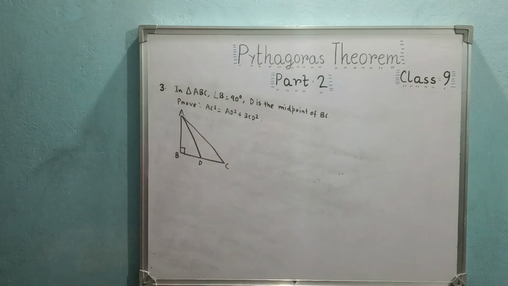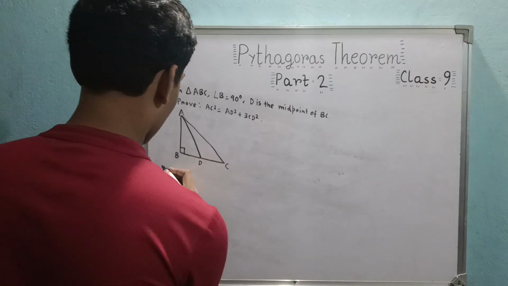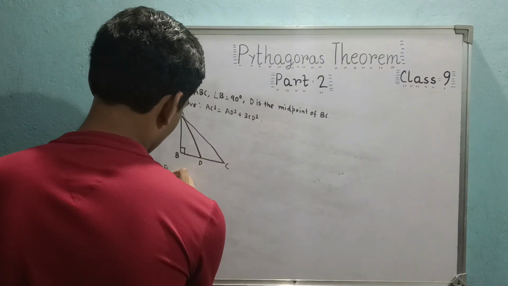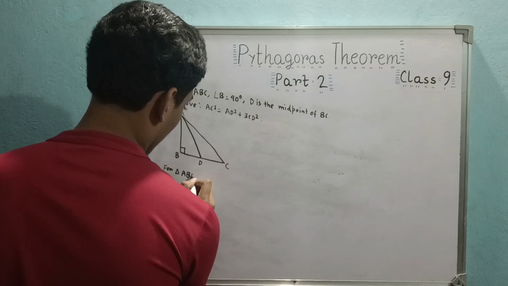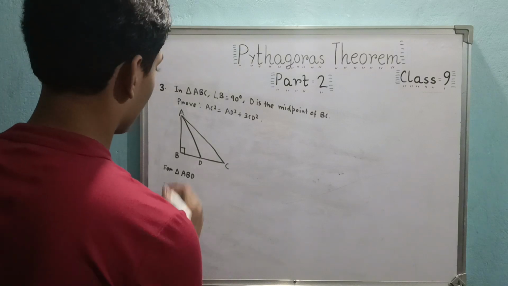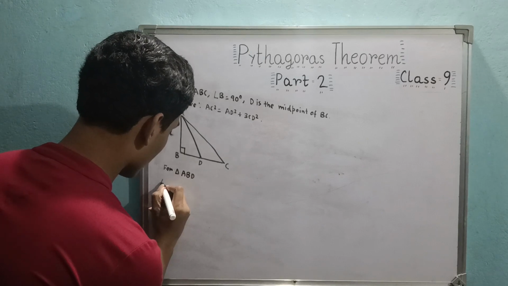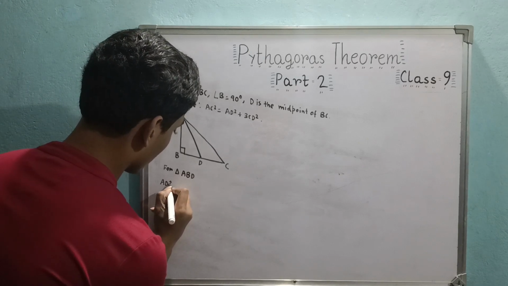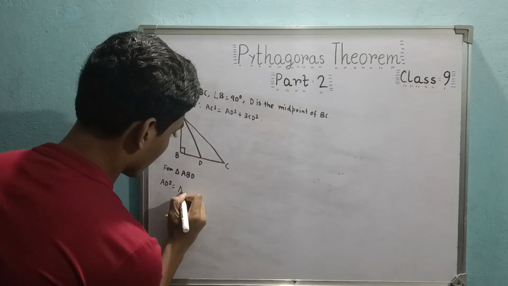Okay. So then let us solve just like the previous one. Let's get the two equations for the right angle triangles. For triangle ABD, what is it we have here? So AD square equal to AB square plus BD square.